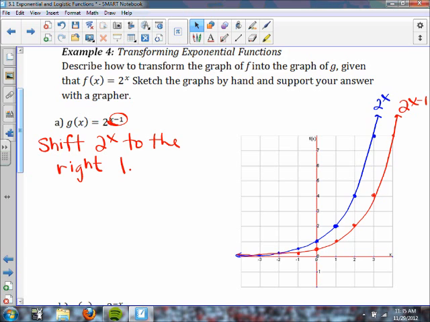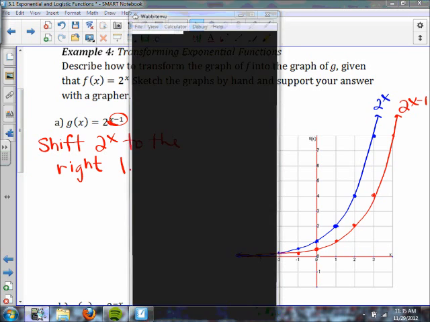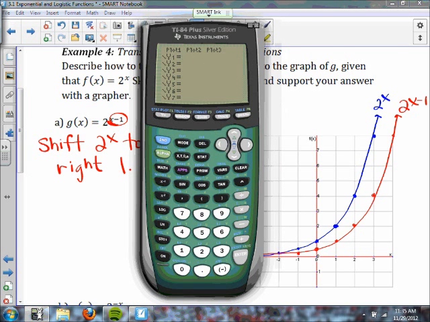Now, it did say support it with your grapher. So 2 to the x and 2 to the x minus 1. Now, this window that we have, -5 to 5 and -2 to 8.